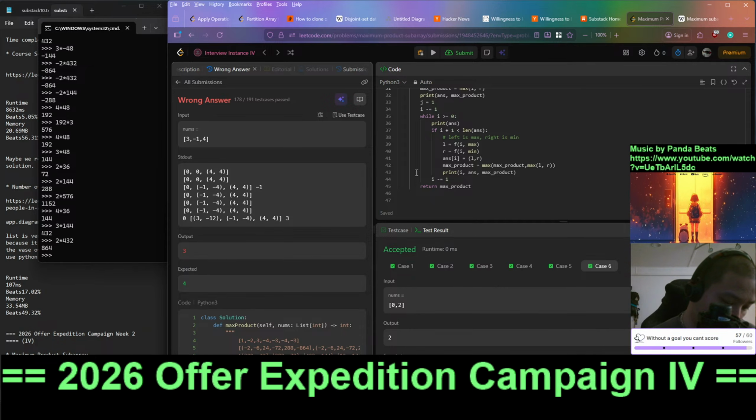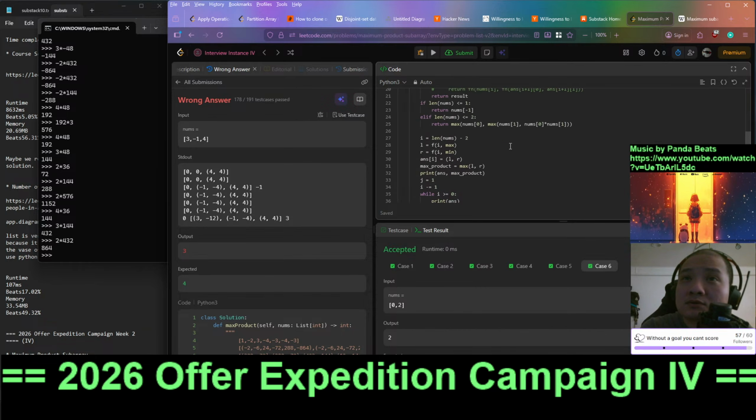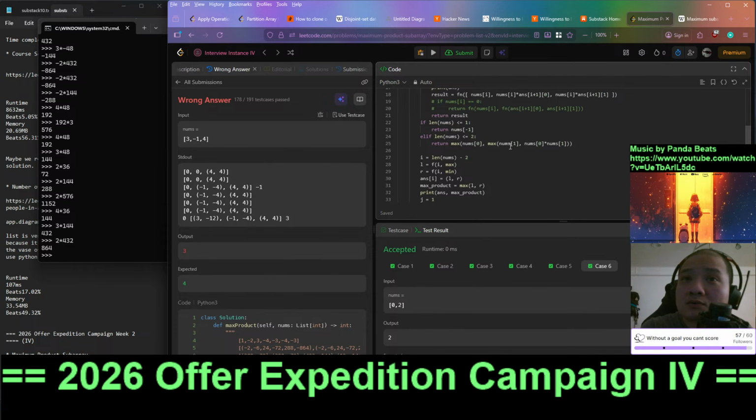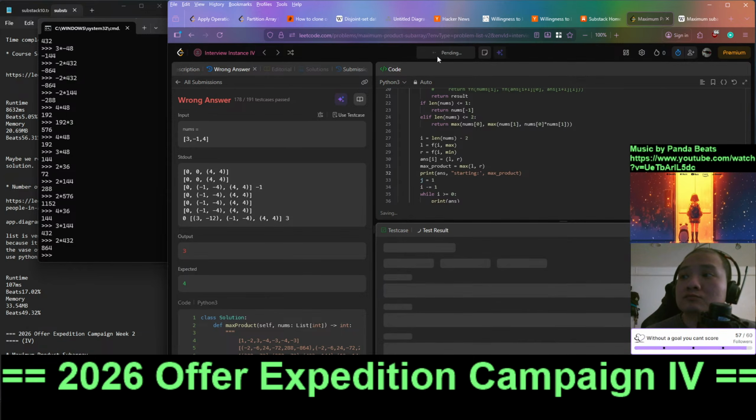So if it's negative, it wants to pick the, right? So in this case, why does my max product not figure that out? Let's use this test case. Starting, right?